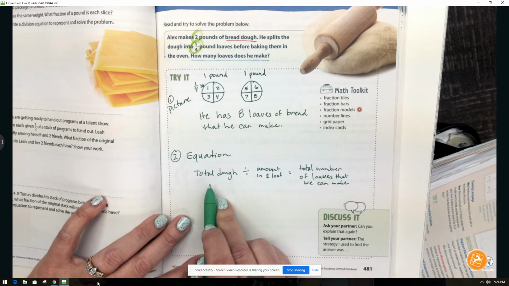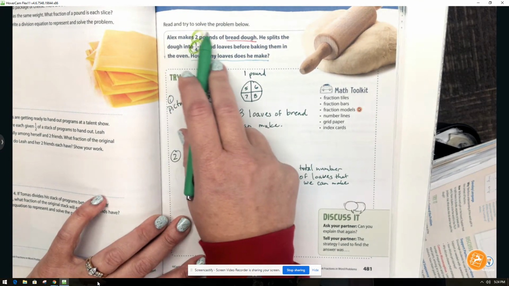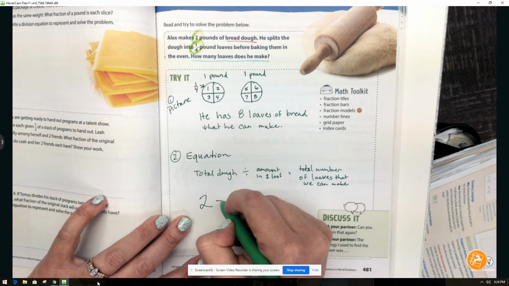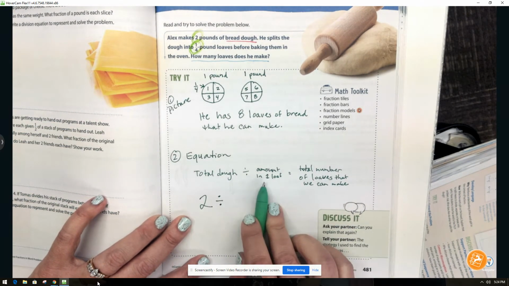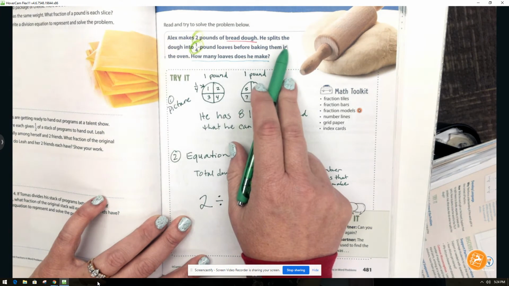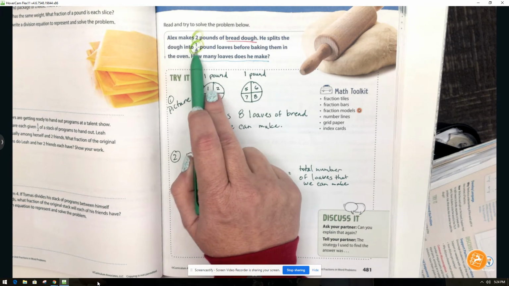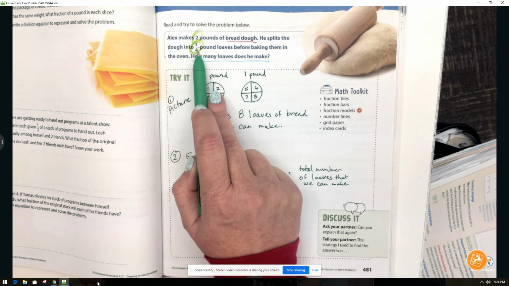So what is the total amount of dough? We have a total of 2 pounds of dough, and then we're going to divide that by the amount in 1 loaf. How much of a pound is 1 loaf? It is 1/4 of a pound.